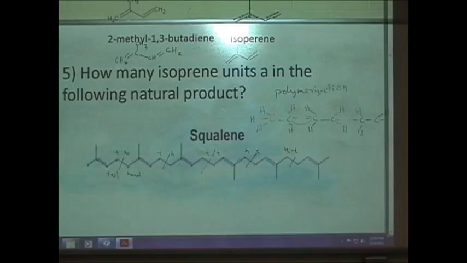In the body, there are enzymes that specifically manufacture different kinds of terpenes, right? So it's just like protein synthesis, that you create different proteins from amino acids. These are biosynthetic pathways in the body.